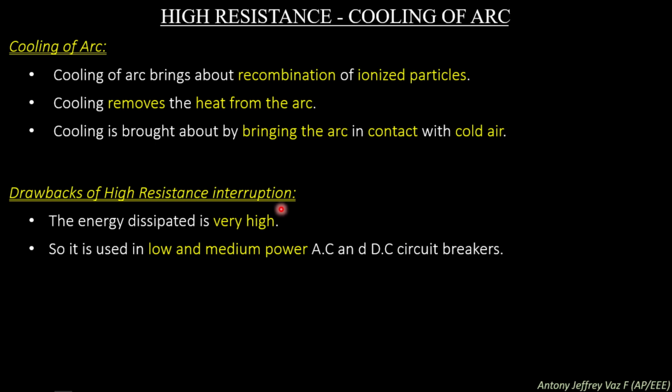Since in high resistance interruption the energy to be dissipated is more, if the current to be interrupted is very high, then high resistance interruption should not be employed. If it is employed, it should be done in a proper way, otherwise the circuit breaker will get damaged easily.